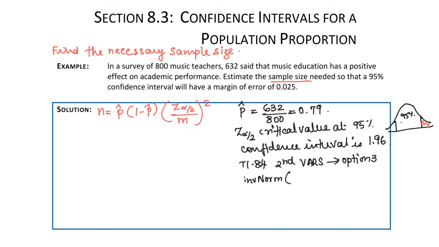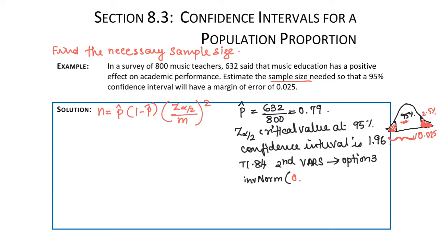So this area is 95%, so the sum of these two areas will be 5%. So this is half of 5%, so 2.5%. So this area is 0.025, but we need to find the area to the left side.